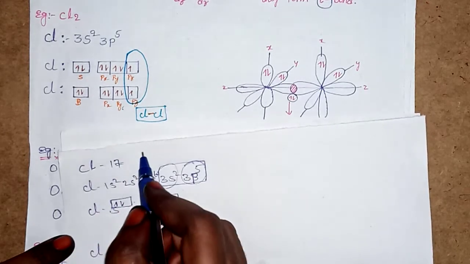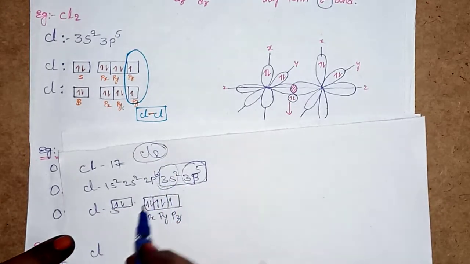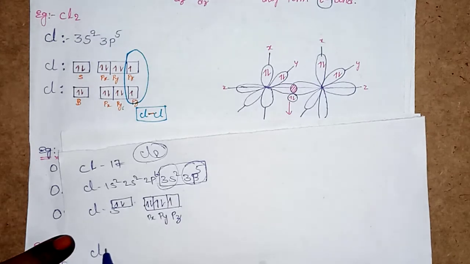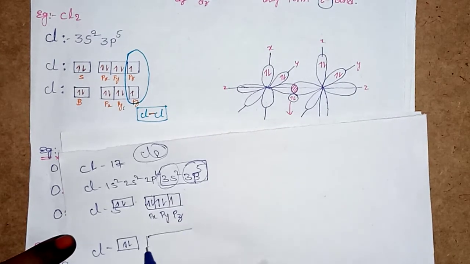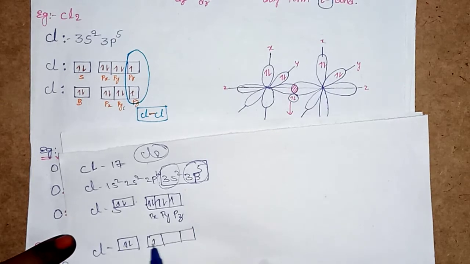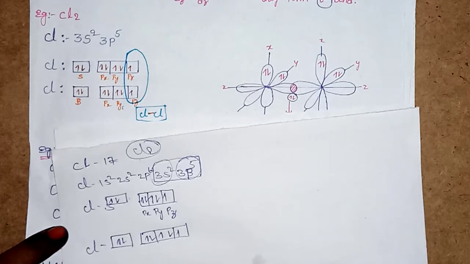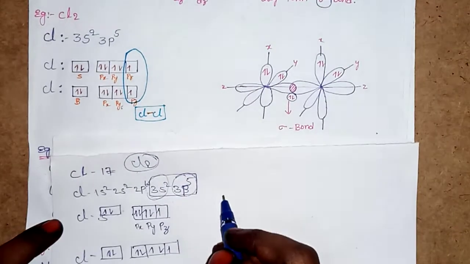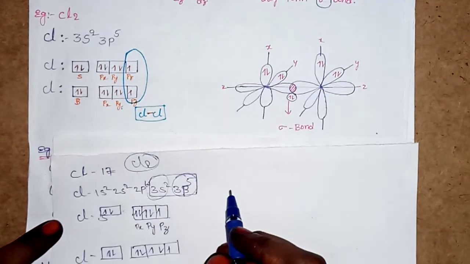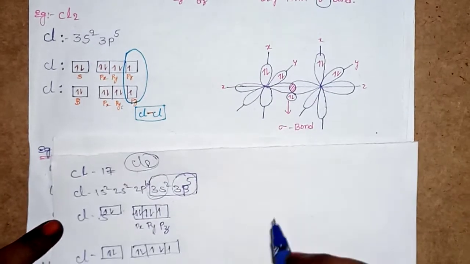It is the same for the other atom, since we took the Cl2 molecule. So again we draw here the electrons in the p orbital, 1 2 3 4 and 5. Next, what kind of bond will form here?